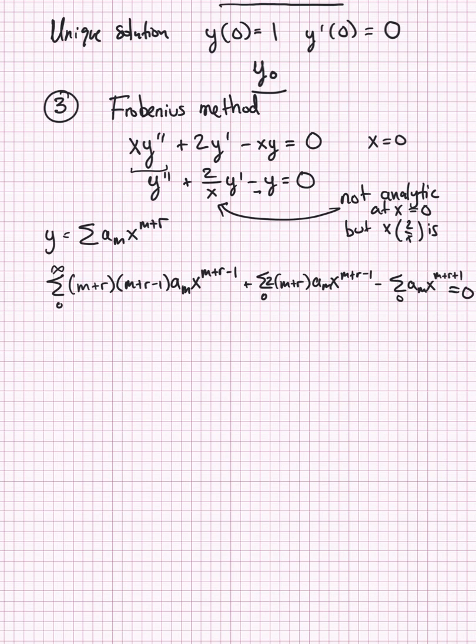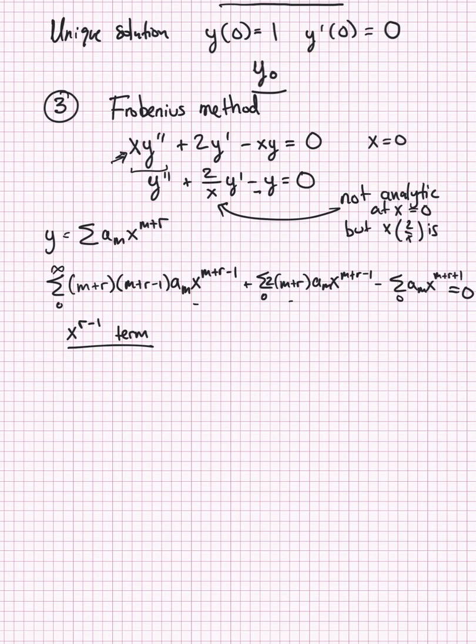First we have to figure out r from the smallest coefficient. I could have done this by putting this into some standard form and reading off the indicial equation, but let's just do it by looking at the smallest term. I get contributions from just the first two series here.